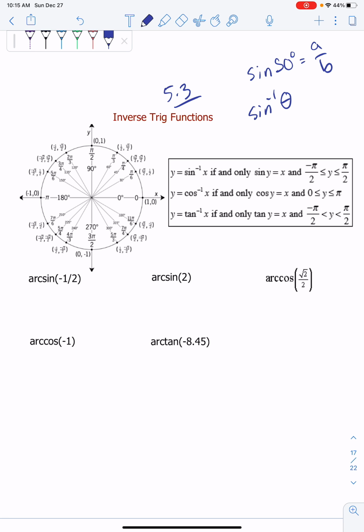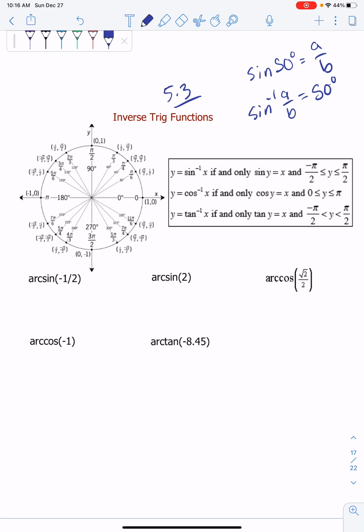So instead of an angle following the function, my ratio follows the inverse, and I'm going to have my angle as my answer.